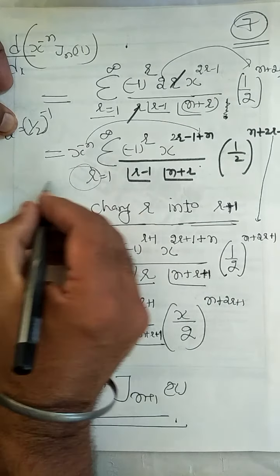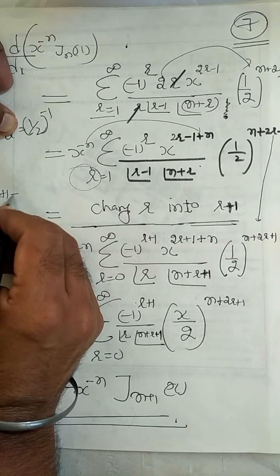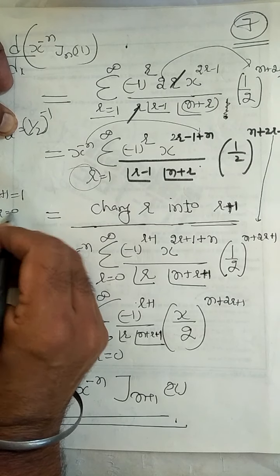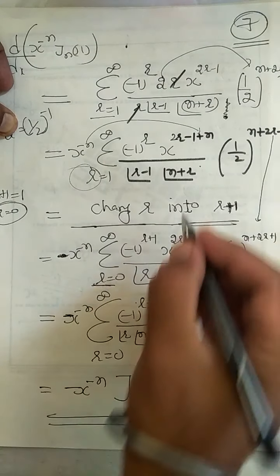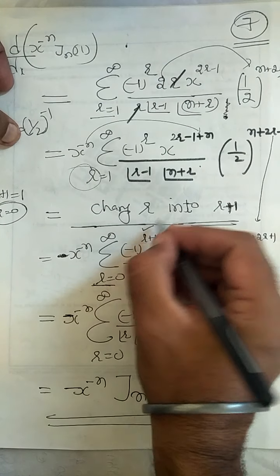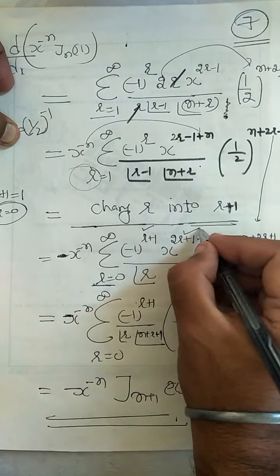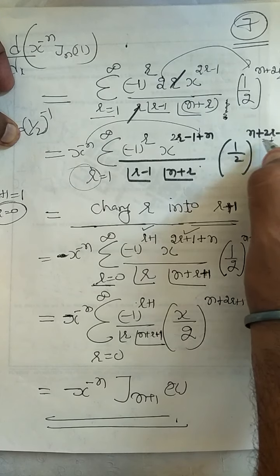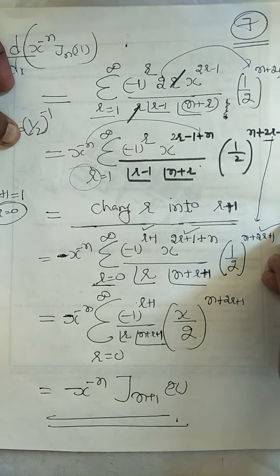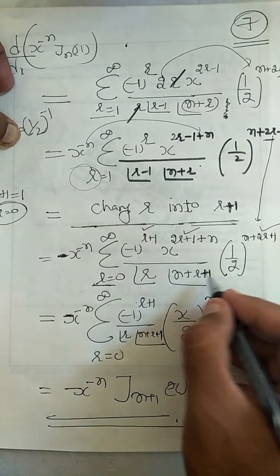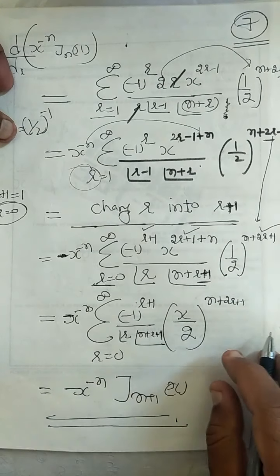It means r changes to r plus 1, and the sum starting from r equal to 1 now starts from 0. R changes to r plus 1, so 2r plus 2 minus 1 gives 2r plus 1. Here r plus 1 is 0.